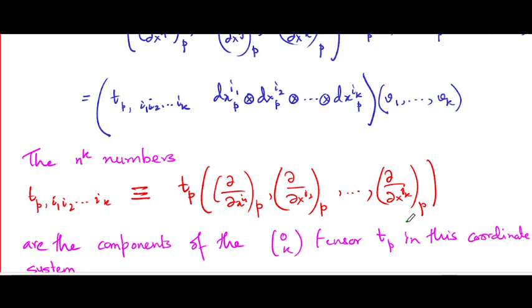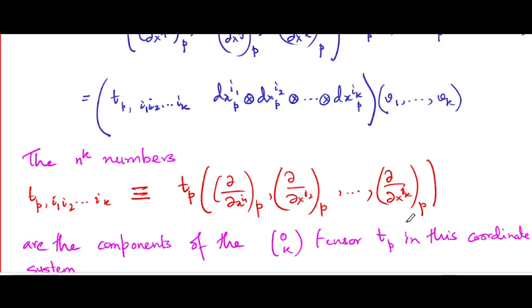Of course, these components depend strongly on the coordinate system. And the physicist's version of a tensor's definition involves how these numbers change when you change your coordinate system. The differential geometric definition of tensors is actually much simpler.